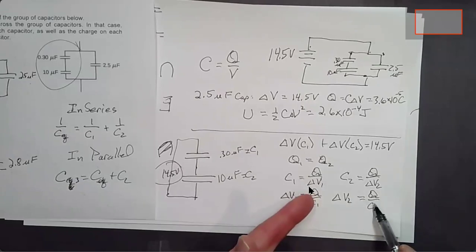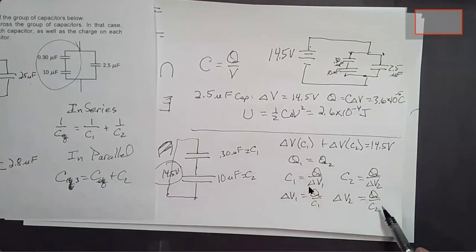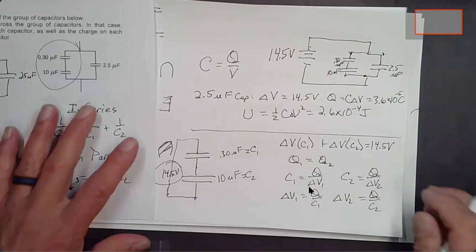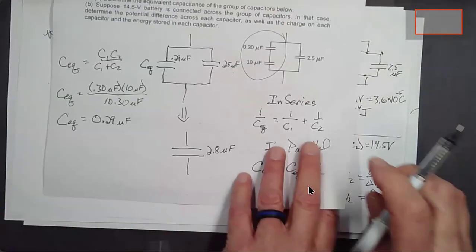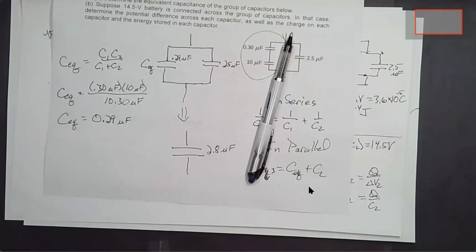That will let me figure out what Q is, and once I know Q, I can figure out the potential difference across each one of these. All right, just a little more work. We'll stop there and continue with this stuff tomorrow. So I'll stop recording there.